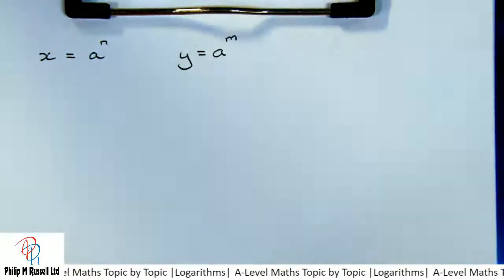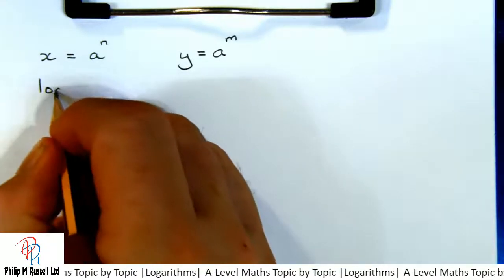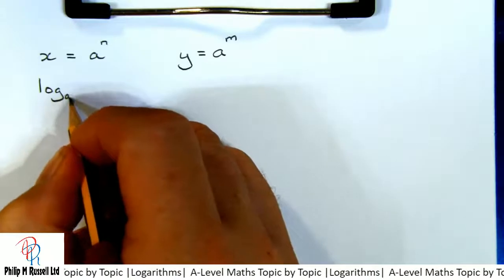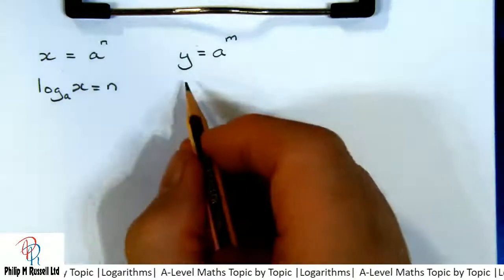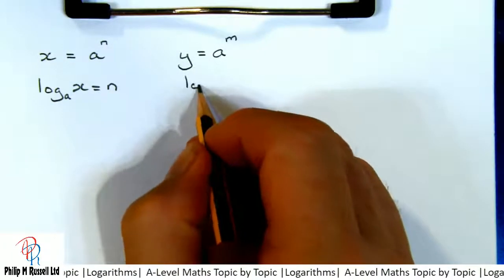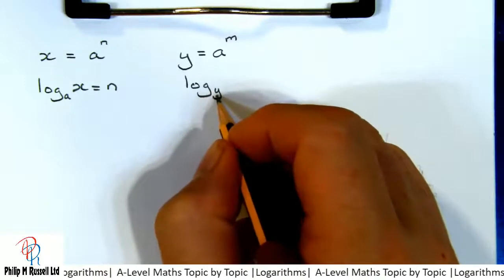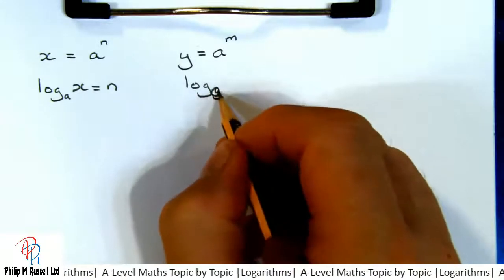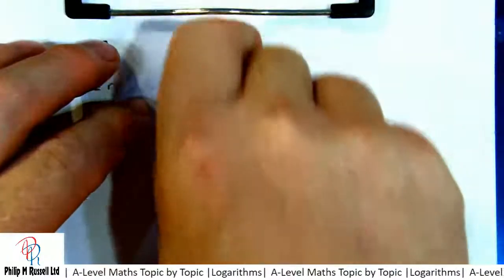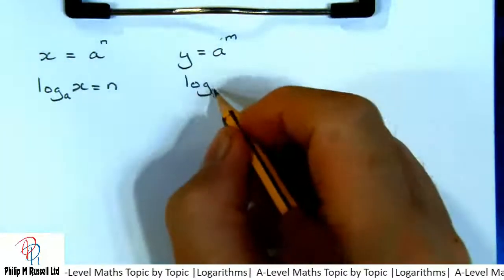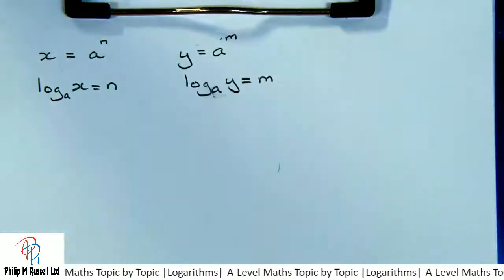Now, how can I write this as a log? I can write this as log to the base a of x equals n. And this one we can write as log to the base a of y equals m. There we are.